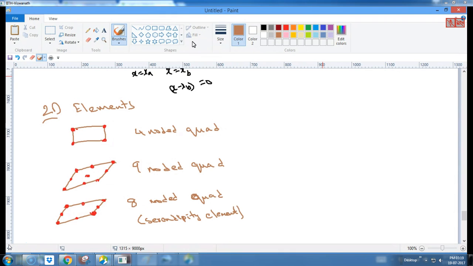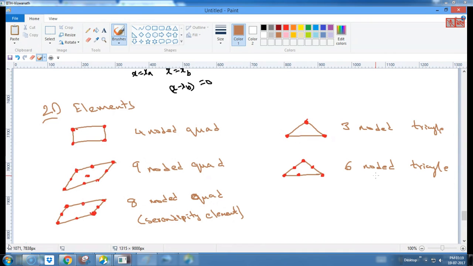Next, we will come to the other shapes. This is the 3-noded triangle and the 6-noded triangle.